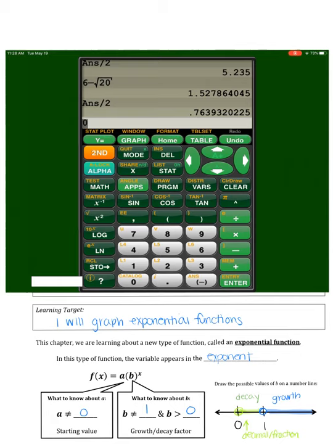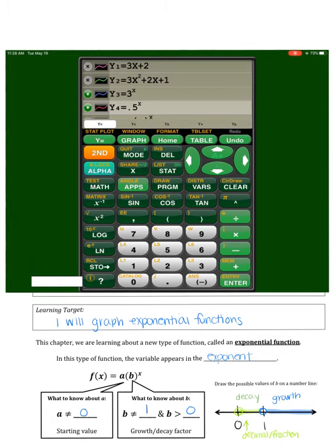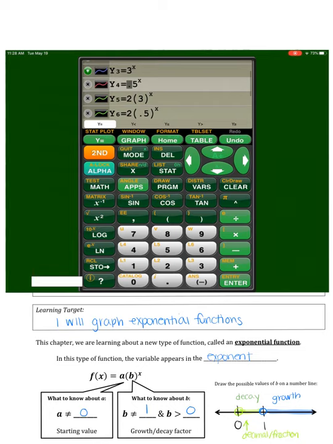Now let's take a look and see what happens if we place a number in front. Compare these two with the two green pluses. I have y equals 3 to the x up here, and then right here I have y equals 2 times 3 to the x. So I have a coefficient, a number in front of the exponent. How will that change our graph?